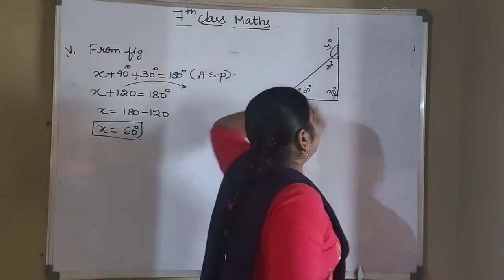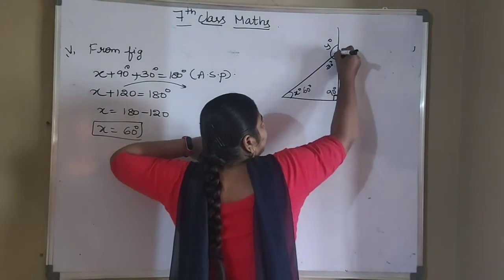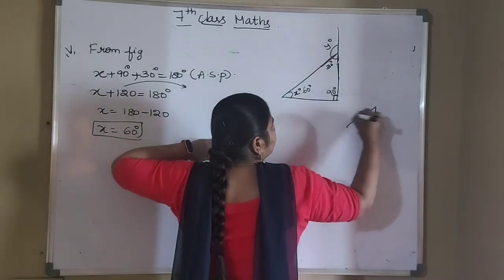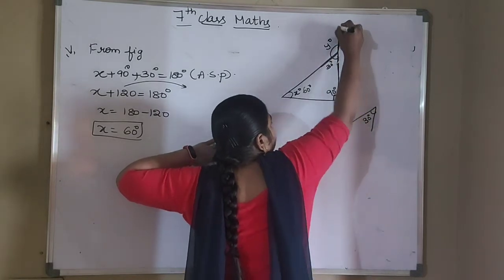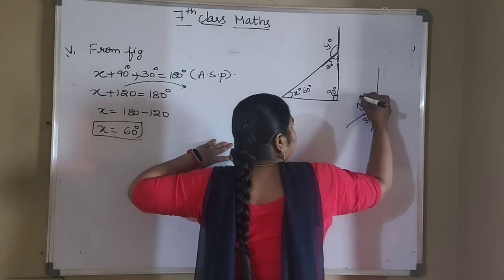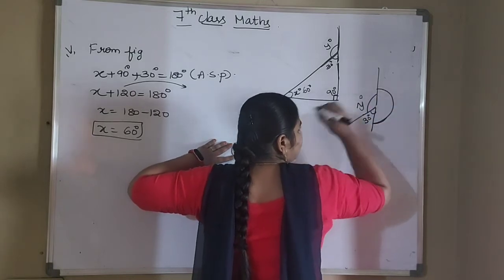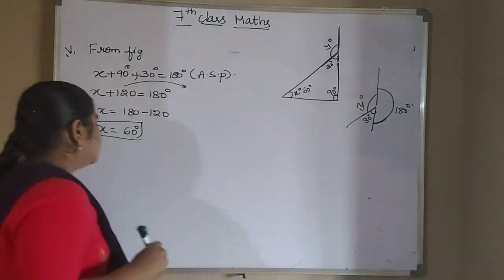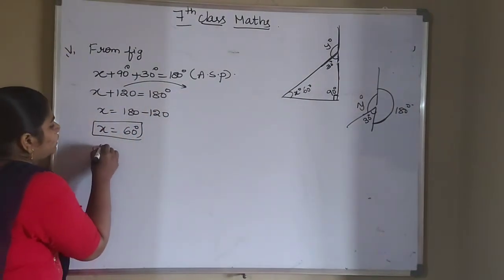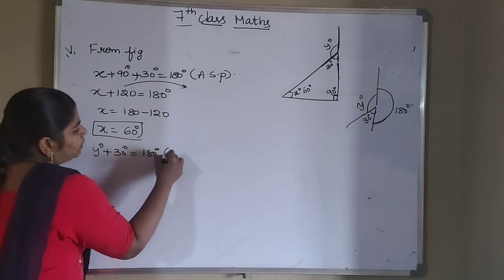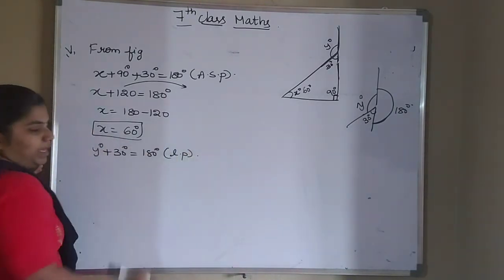By using linear pair. If you add this angle, that is 30 degrees, and this angle like this, it is forming one linear pair, that is nothing but a straight line. So it will be equal to 180 degrees. So what can we write here? Y degrees plus 30 degrees will be equal to 180 degrees by using linear pair.